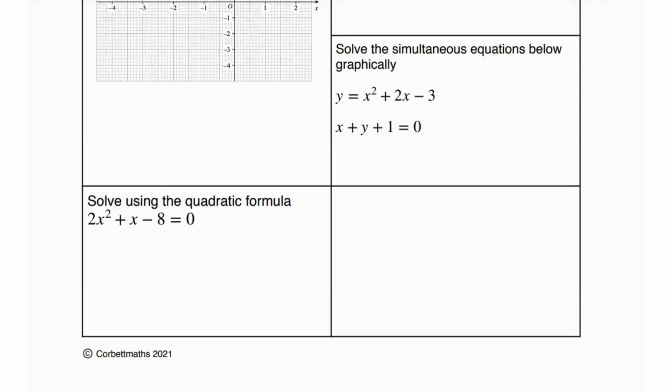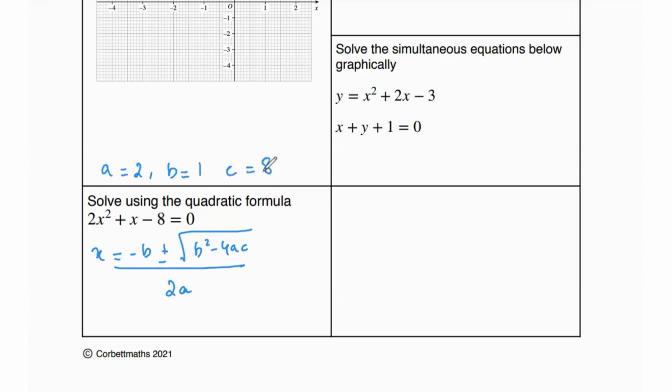Next question says solve using the quadratic formula. So we have this quadratic equation and they want us to find the values of x using the quadratic formula. The quadratic formula is x equals negative b plus minus root of b squared minus 4ac over 2a. a is 2, b is 1, and c is negative 8.